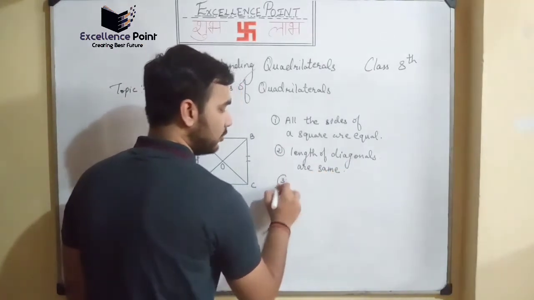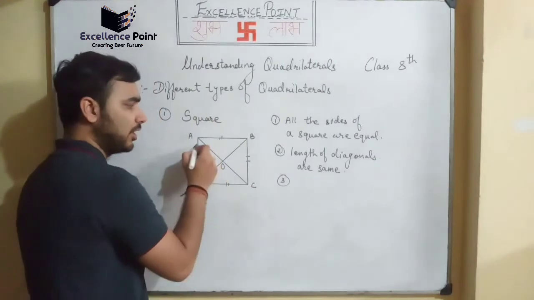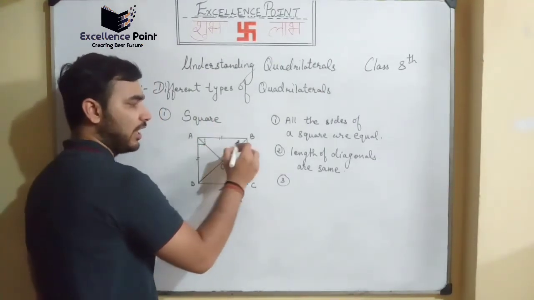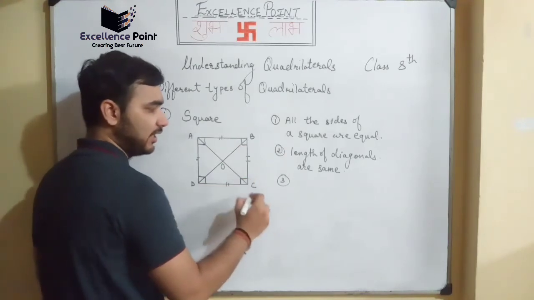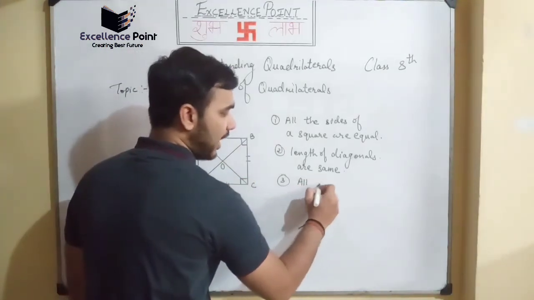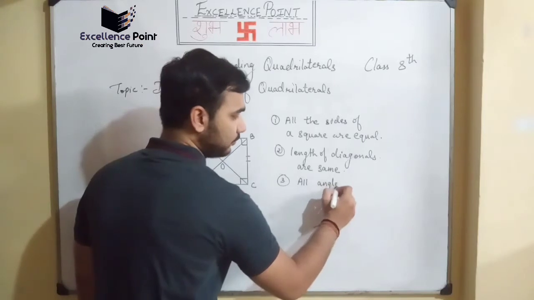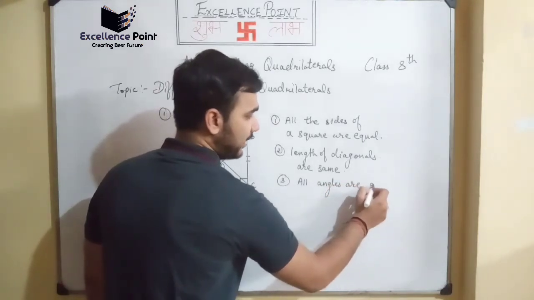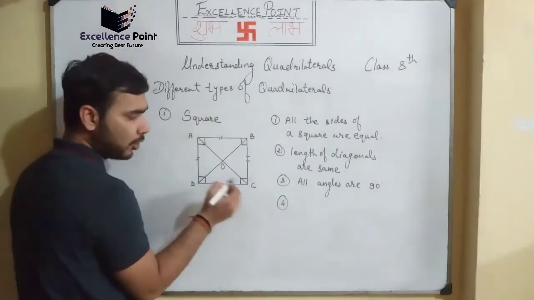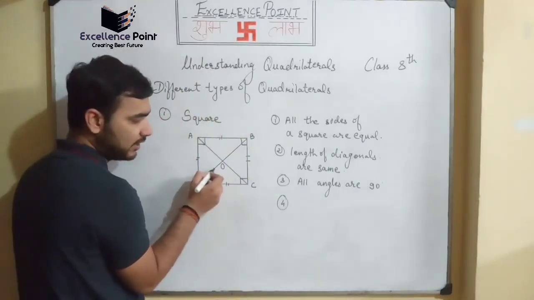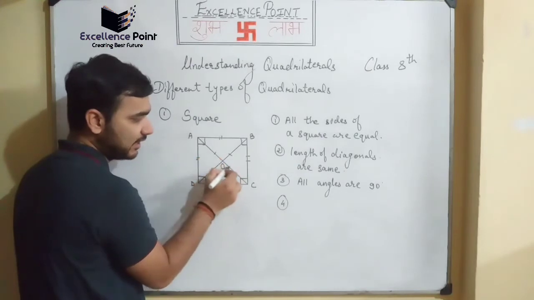Now coming to the third property, we will see that all the angles are right angles. Right angle means 90 degrees. So all angles are 90 degrees. The fourth property which we used to observe is that the diagonals bisect each other.